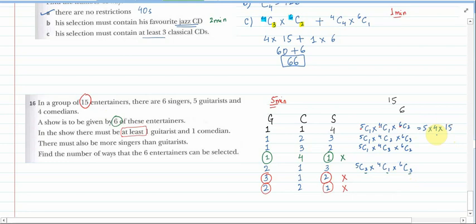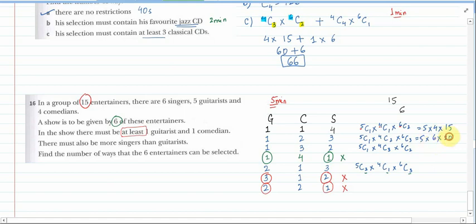Alright. For the next one, 5 combination 1 is 5, 4 combination 2 is 6, and 6 combination 3 is 20.